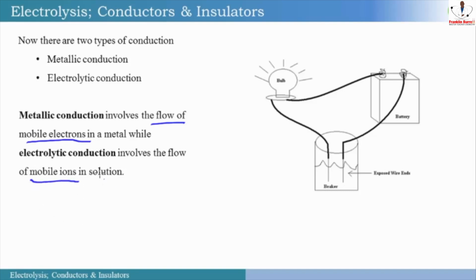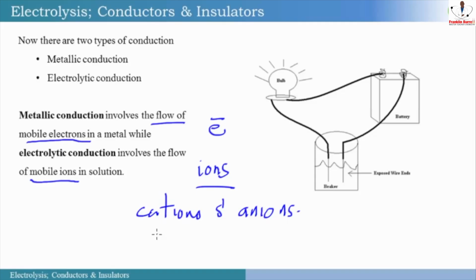Whereas in metallic conduction we deal with electrons, in electrolytic conduction we deal with ions, namely cations and anions. Cations are positive ions, while anions are negative ions.